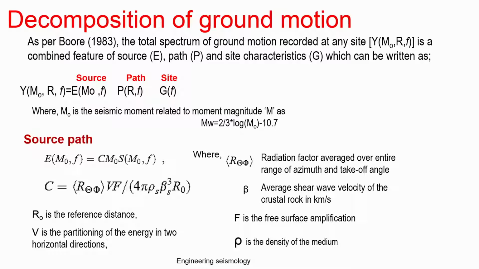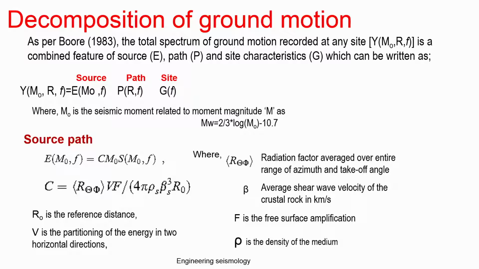So, what Boore did in 1983, you can see the model was developed less than 40 years back. Boore, the USGS seismologist, a well-known world famous seismologist, and I do have some interaction with him, said that the total spectrum of ground motion recorded at any site is a function of the combined features of source, path and site characteristics.